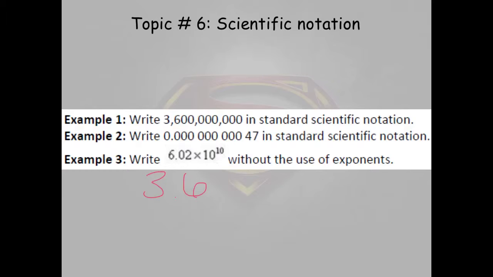We can chop off all those zeros, and it's always times 10, because that's just what scientific notation is. And then we count: the decimal is currently here, because if you don't have anything, you just put a decimal at the end. How many steps is it going to take to get from here to here? Well, that's 1, 2, 3, 4, 5, 6, 7, 8, 9. So this would be 3.6 times 10 to the 9th power.